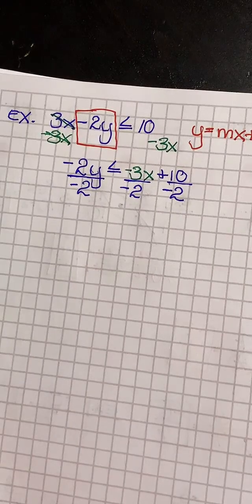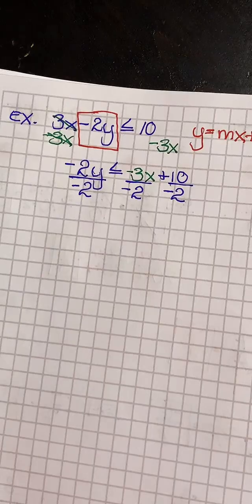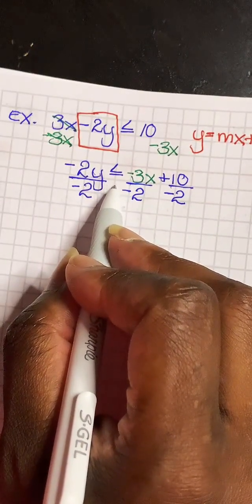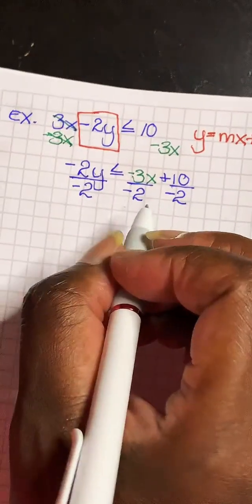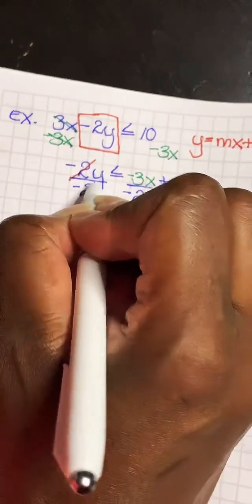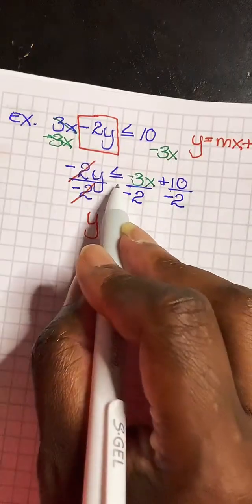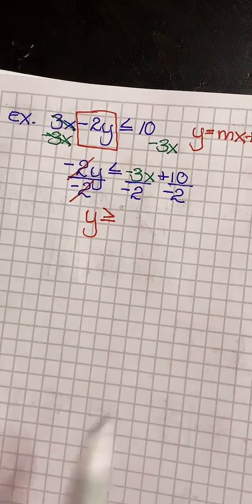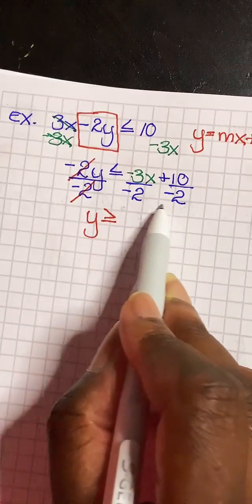Because we divided by a -2, that's when your inequality sign is going to change. Do we see that now? So -2 and -2 still gives you your y, but instead of less than or equal to, it's going to be greater than or equal to, because we divided by a -2.